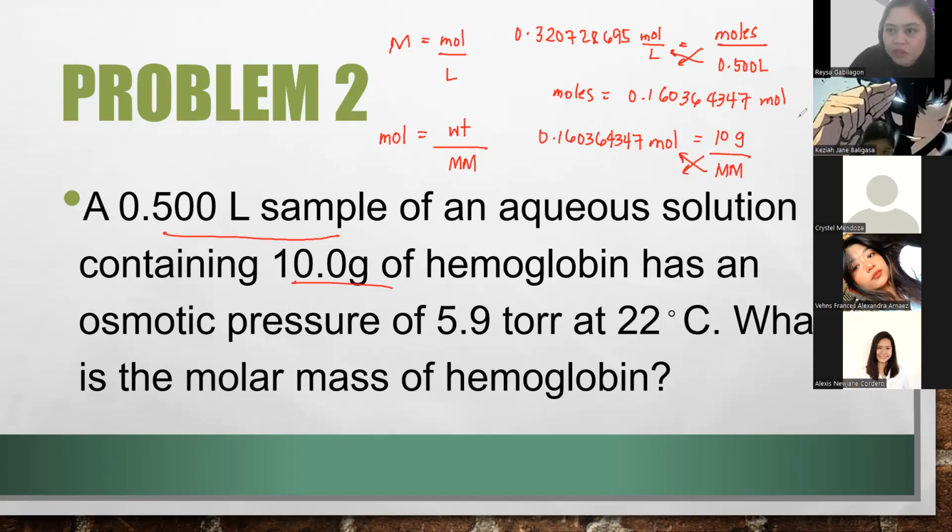So cross multiply, you will have 0.160364347 mole times M equals 10 grams. So divide both sides with this one.